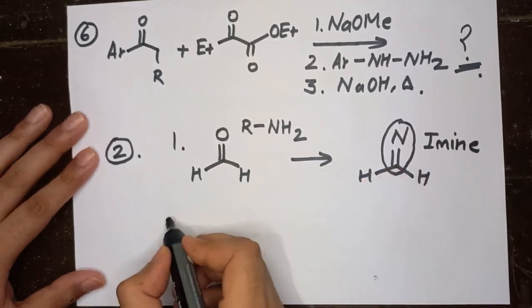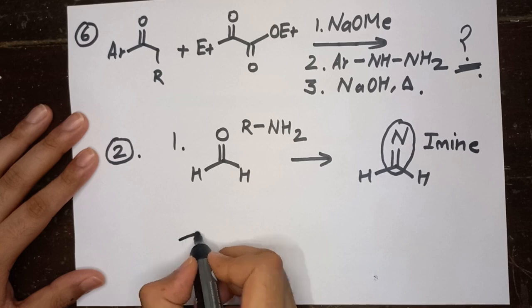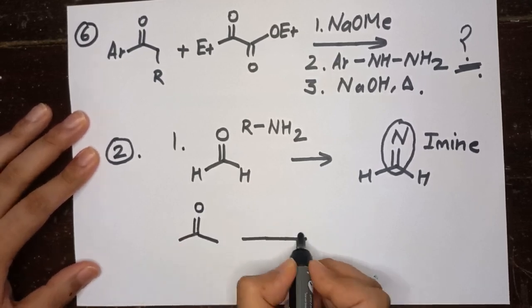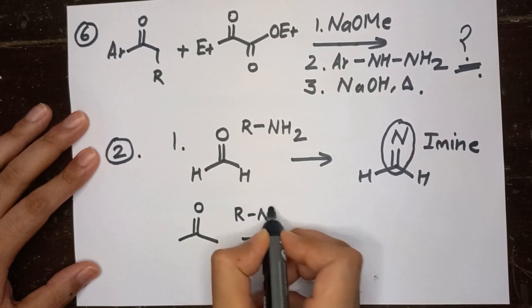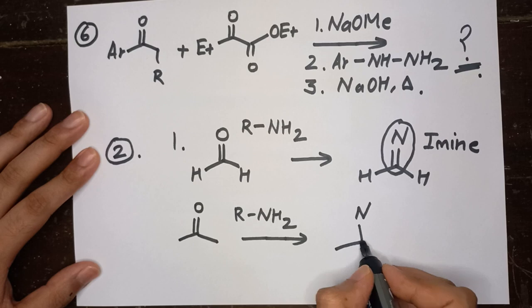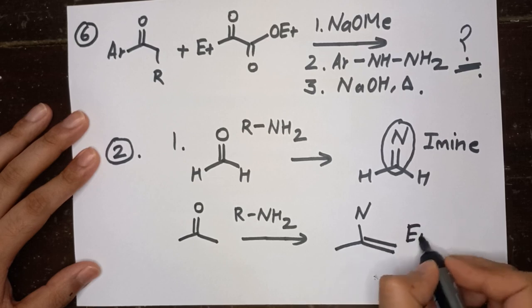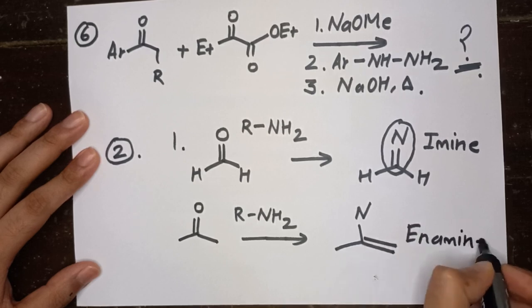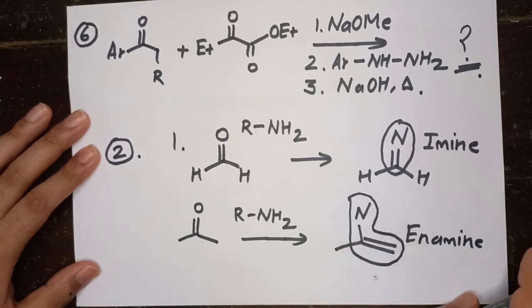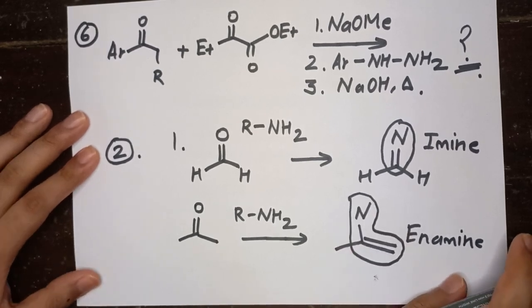You also need to know when you have a ketone and you have an amine, it forms enamine. This is called enamine. So these 2 things you need to know.